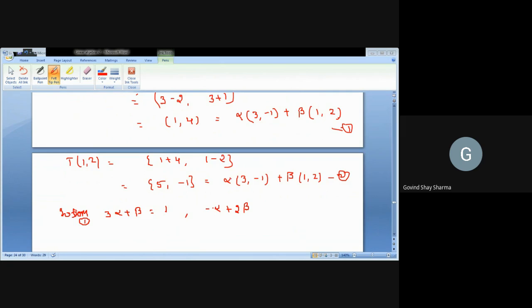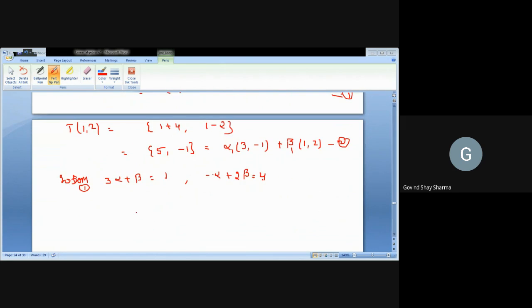Here we take alpha 1 and beta 1, so this should not be confusing. 3 alpha 1 plus beta 1 is equal to 5 and minus alpha 1 plus 2 beta 1 is equal to minus 1.